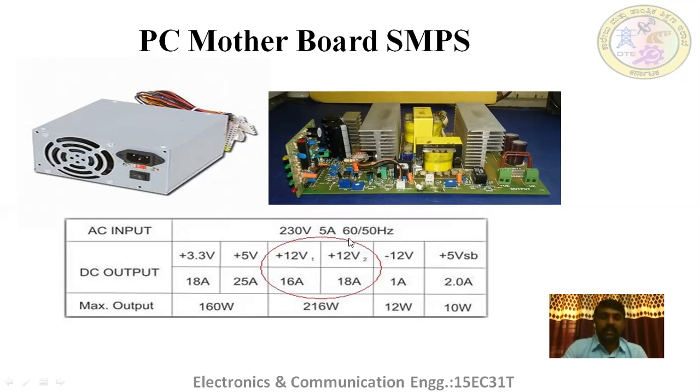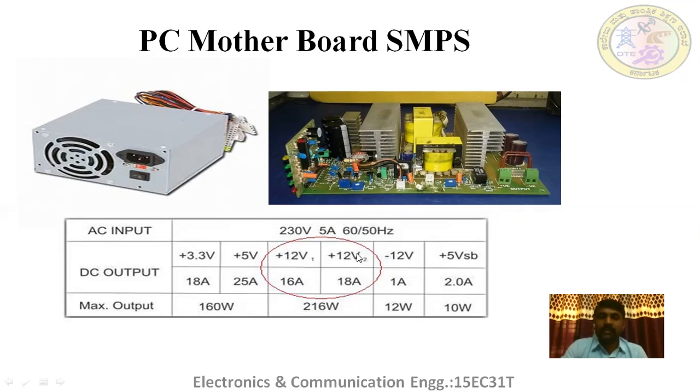So see here, for the same plus 12 volts, it is capable of providing different output currents. That is, this motherboard SMPS provides plus 12 volts with 16 ampere and plus 12 volts with 18 ampere ratings.